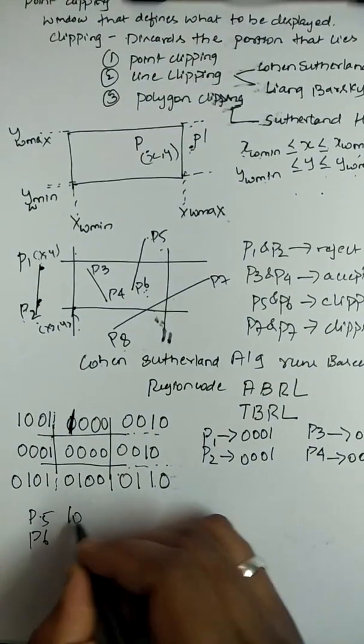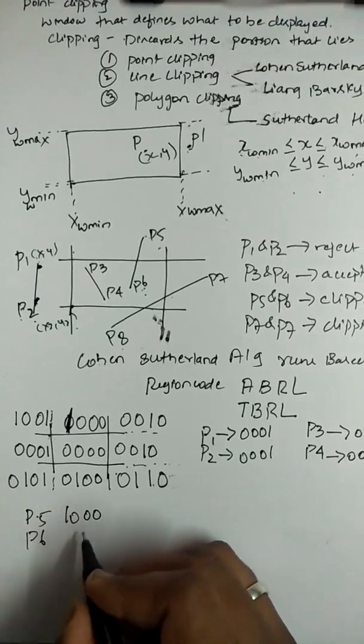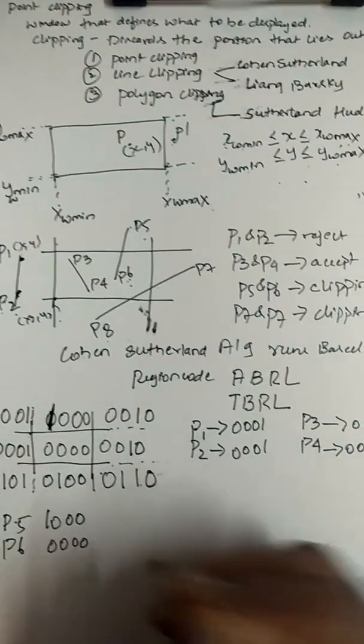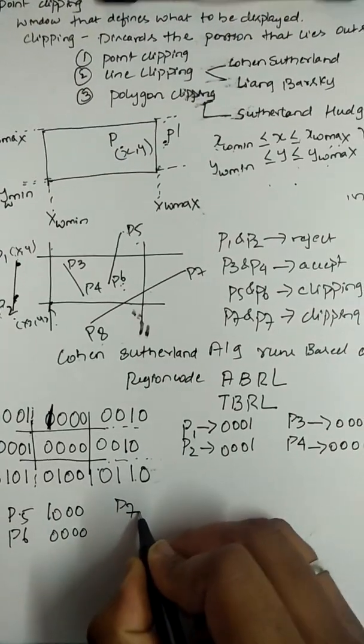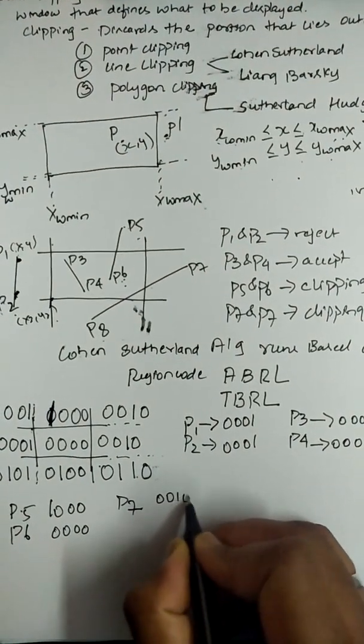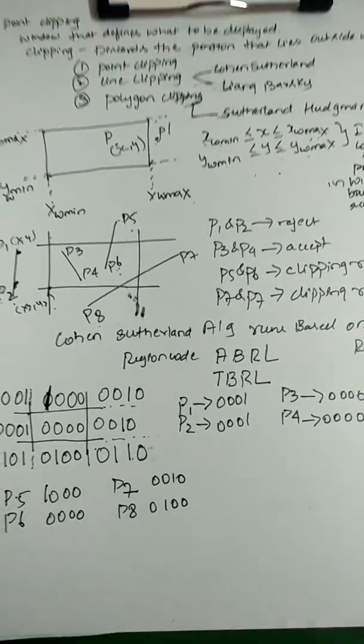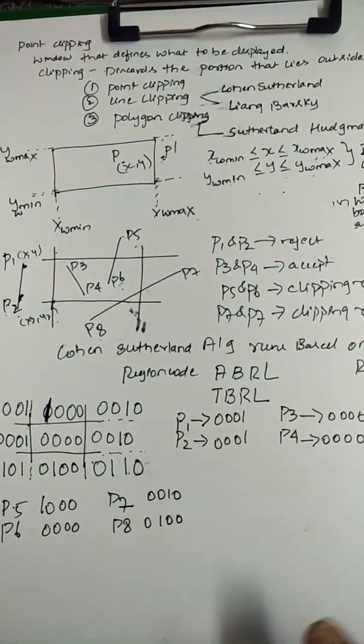P5 region code is 1000 and for P6 it is 0000. How about for P7? It is 0010 and for P8 it is 0100. So I have taken the region codes here.